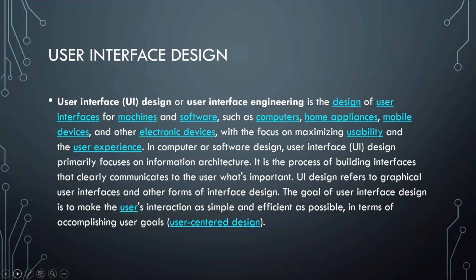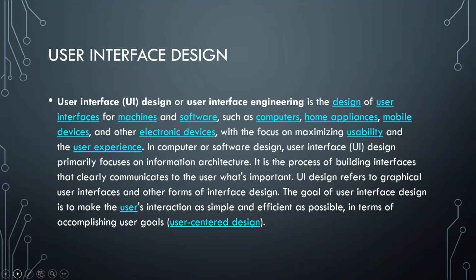In computer or software design, user interface design primarily focuses on information architecture. It is the process of building an interface that clearly communicates to the user what's important. UI design refers to graphical user interfaces and other forms of interface design. The goal of user interface design is to make users' interaction as simple and efficient as possible in terms of accomplishing user goals.